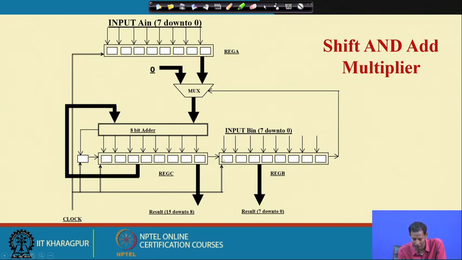Then, if the next bit is 1, where initially it was 0 and then it is 1, the 1 coming over here chooses this particular A in, and then 0 is again added with this.